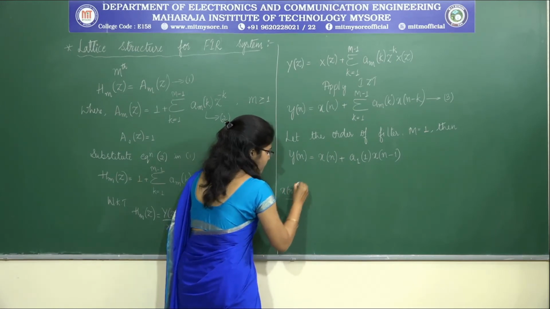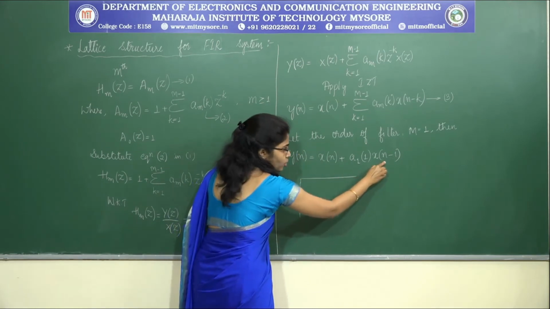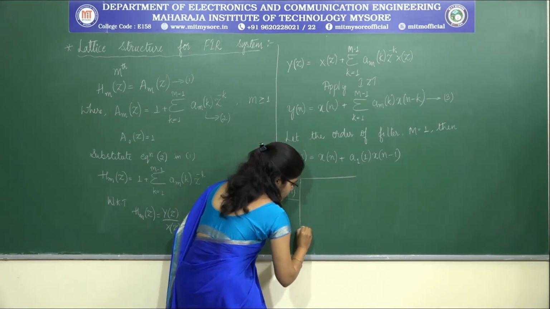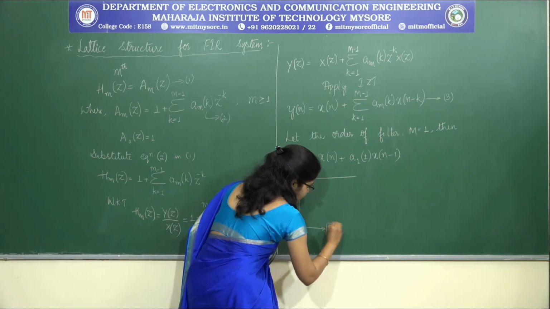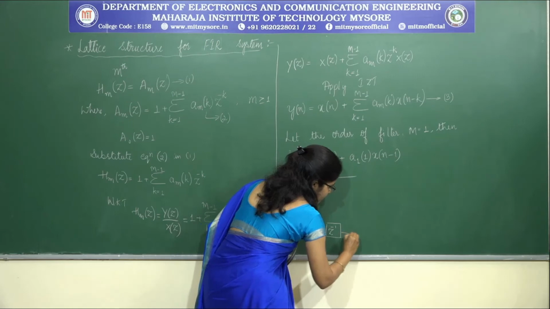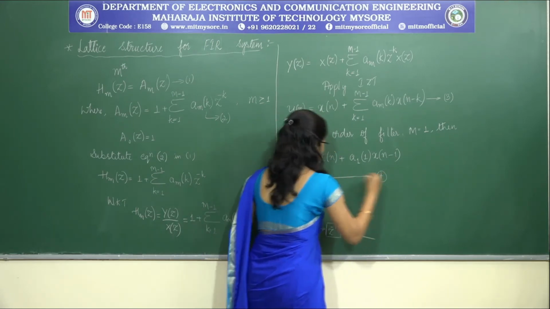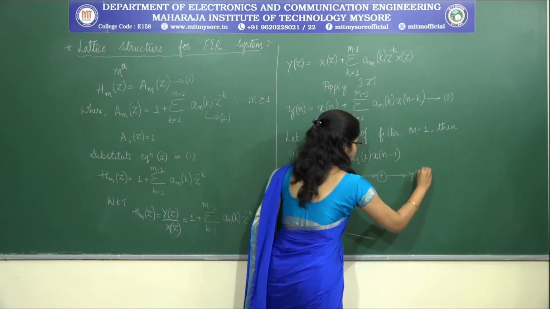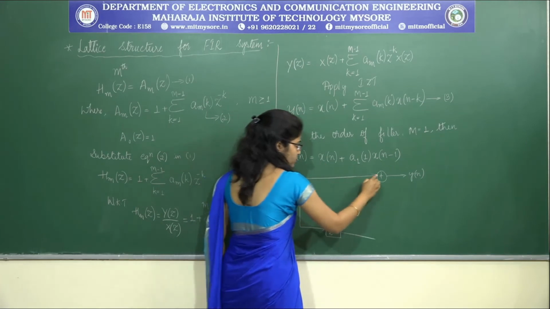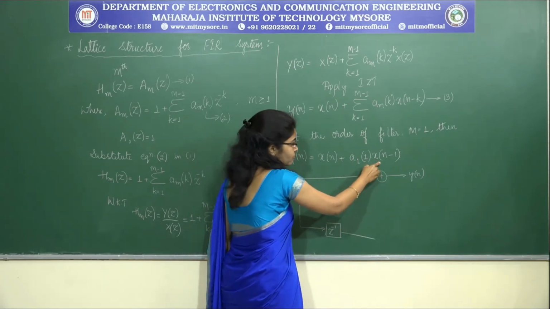If I draw the structure for this, we know x of n is the input. I want the previous input also, so I will delay x of n once. Now I should get this y of n, which is nothing but the combination of x of n with some constant term multiplied with x of n minus 1.